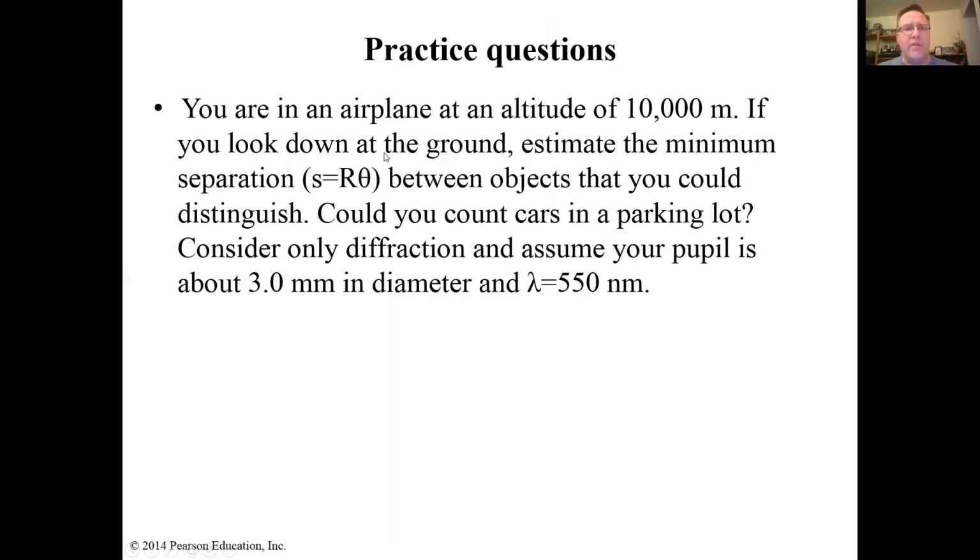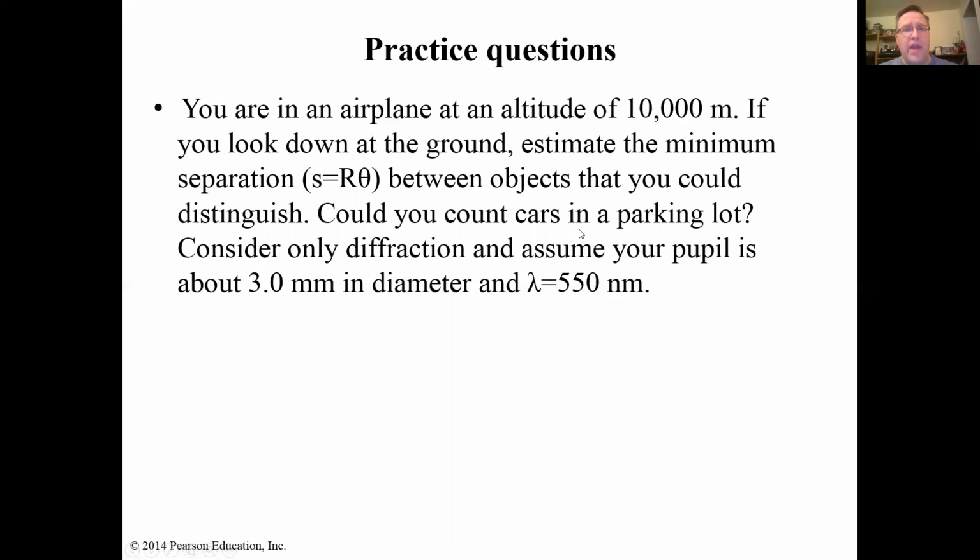Another example: supposing you're in an airplane, 10,000 meters off the ground, and you look down and want to know whether you could count cars in a parking lot. So you're going to estimate that minimum separation between objects. How big is a car? Typically, they're about 2 meters wide and somewhere between 3 and 4 meters long, depending on whether you're driving a small car like a Saturn or a big car like an old-style Cadillac or Crown Victoria.